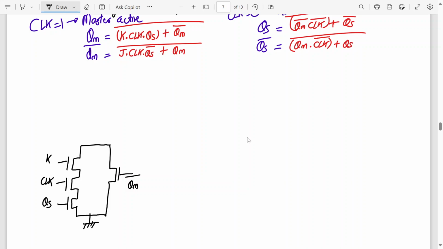Now PMOS: these three transistors will be in parallel, right? Yes. And they will be in series, right? Let me draw it over here a little bit.